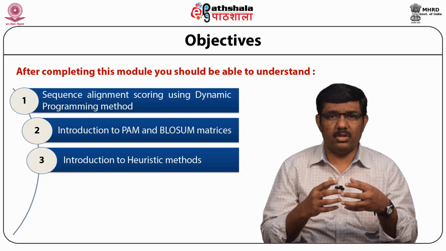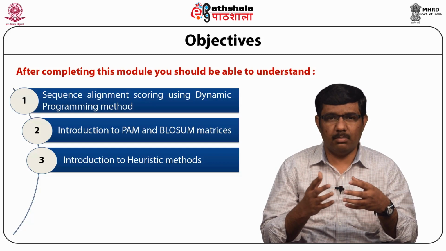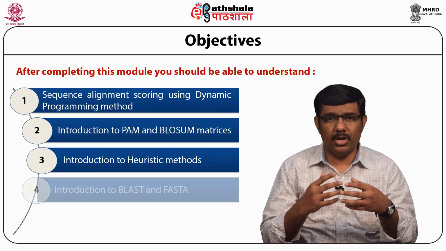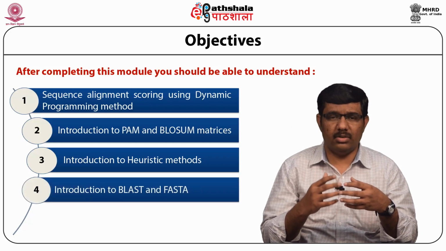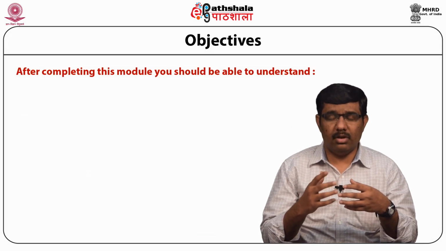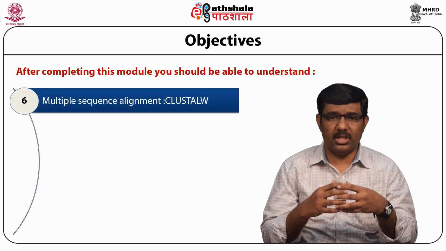Heuristic methods are the best methods currently used. Examples of heuristic methods are BLAST and FASTA. I will introduce BLAST and FASTA with examples. I will also discuss multiple sequence alignment with an example of ClustalW.